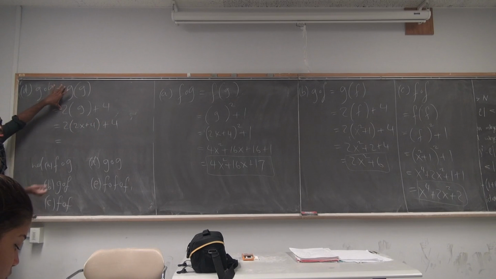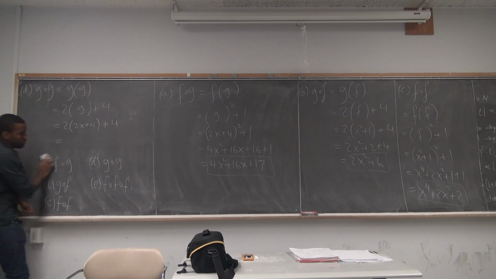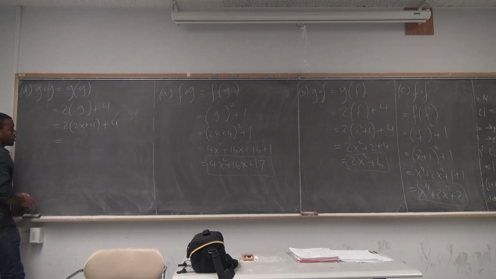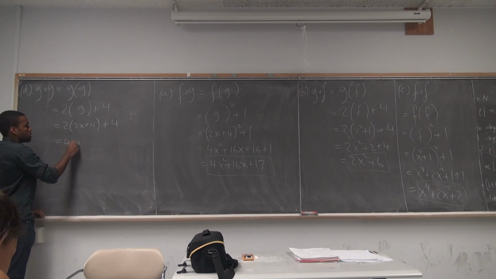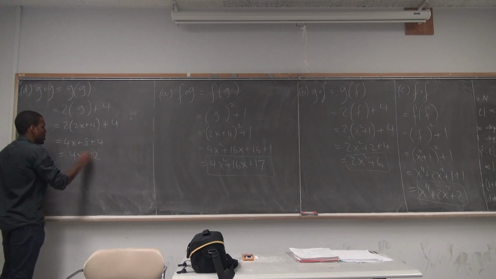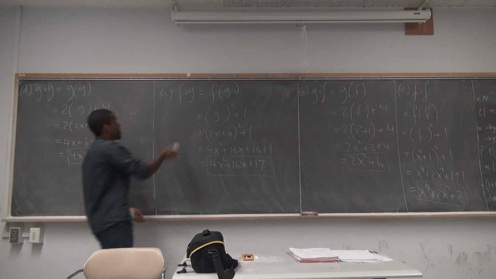You don't really have to write these 2 lines, you can just jump straight to here. I just want to emphasize what's going on. So this would be 4x plus 8 plus 4, 4x plus 12. We get that one.